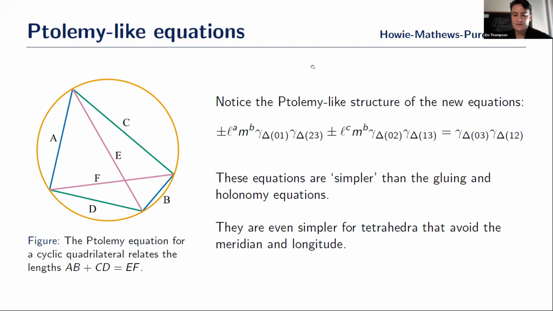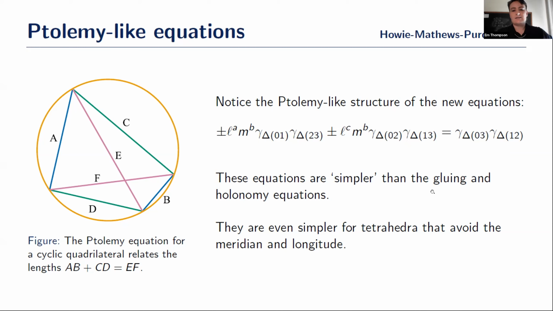And this is where we notice some Ptolemy-like structure. A Ptolemy equation is something like this, relating lengths of cyclic quadrilaterals. And there's this similarity going on, 2 things multiplying in pairs.